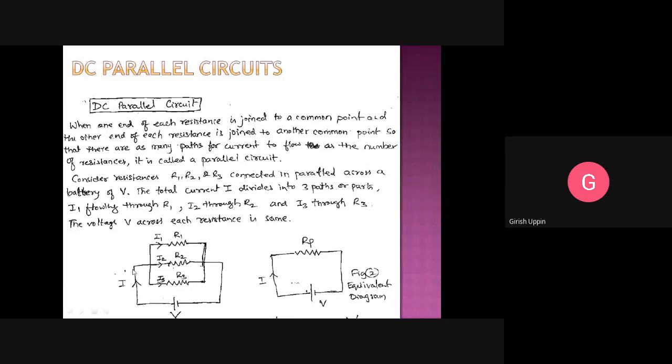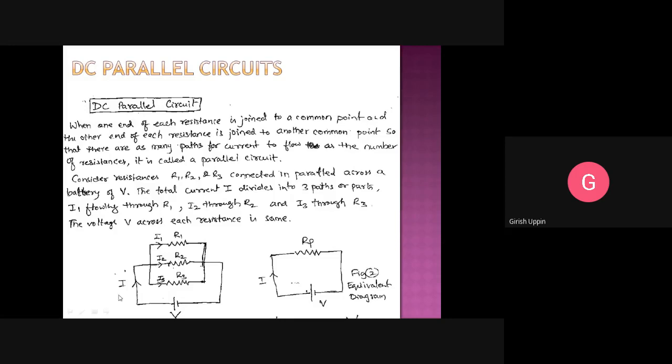Whatever water comes here has to get divided into those three pipes. Water will go more wherever the diameter of the pipe is more, because it offers less resistance to the flow of water.